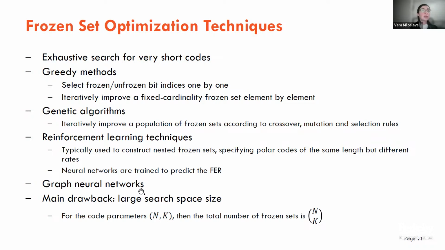The main drawback for application of all of those techniques is the very large search space size. If we have code parameters n and k, then the total number of frozen sets is n choose k.